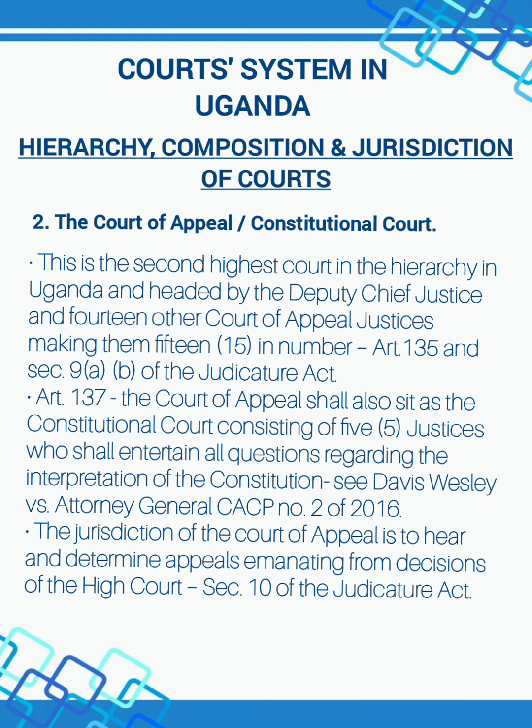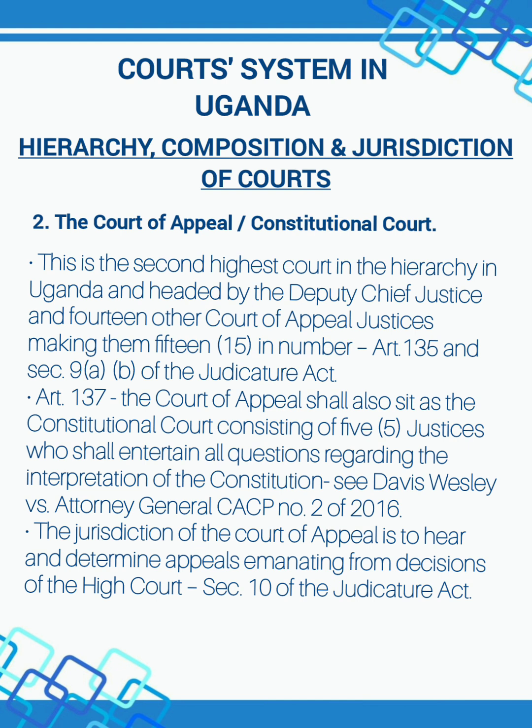It should also be noted that the Court of Appeal at times sits as the Constitutional Court. Article 137 of the Constitution provides that the Court of Appeal shall also sit as the Constitutional Court, consisting of 5 justices who shall entertain all questions regarding the interpretation of the Constitution.